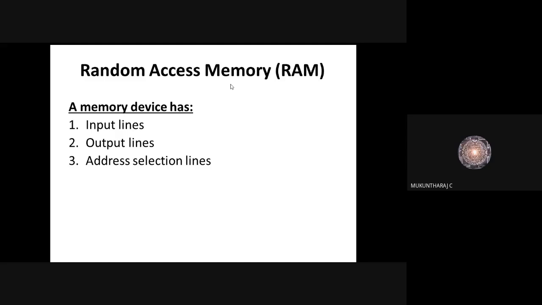The address selection line says where to store or from where to read the data. The fourth signal is control lines. This control line says which operation to do with the memory, either read the data or write the data. To select this kind of operation, we will use control lines.